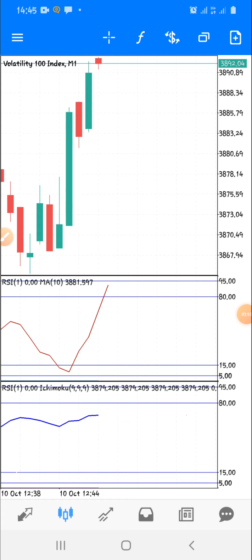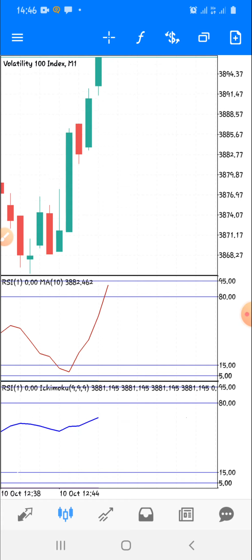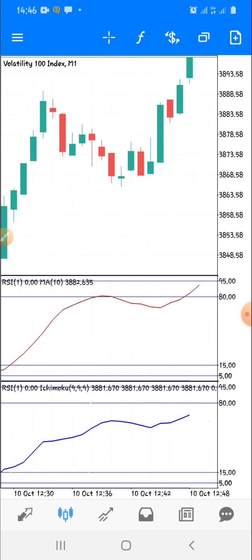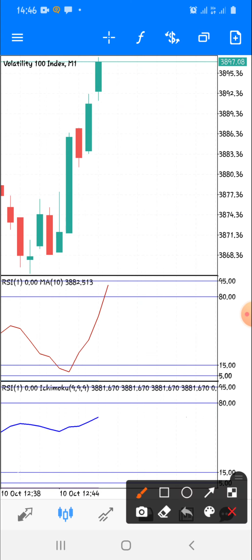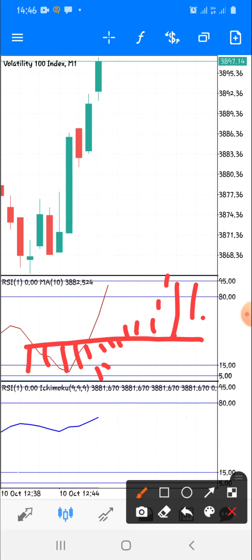Then we have what we call a histogram. The histogram is just a line, with some short histograms, some like this, and some are short, some they coming taller and taller and taller.